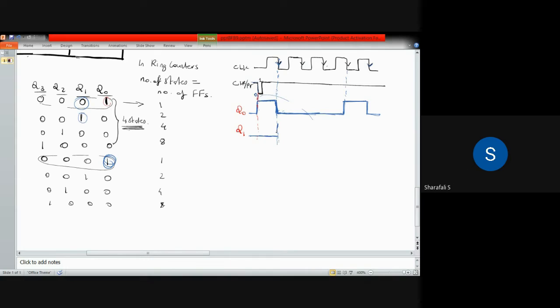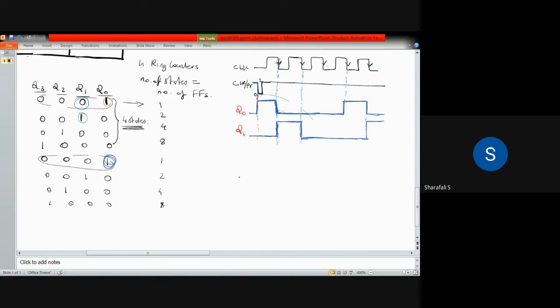So Q1 will become 1 when the first edge of this clock pulse comes, and it will remain in the same state until the next clock pulse, and then it goes to 0, and it continues at 0 until this point, and from here it becomes 1 again, and it continues.